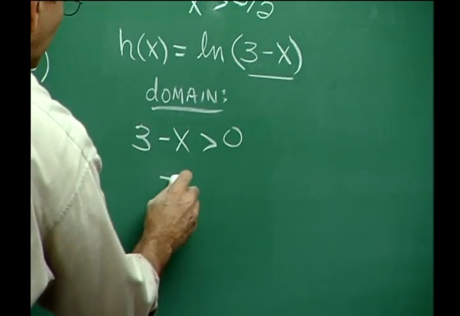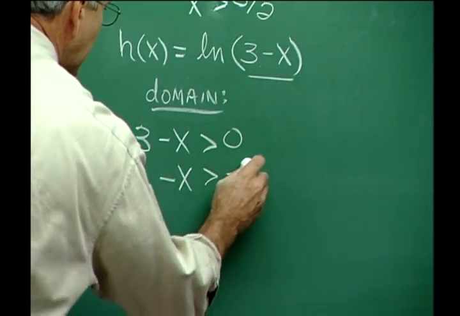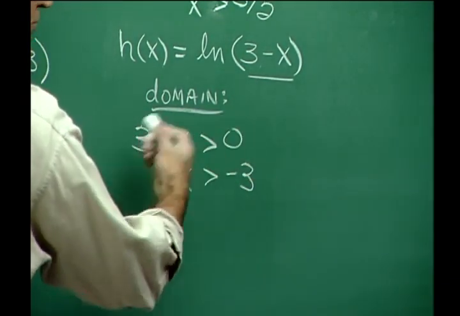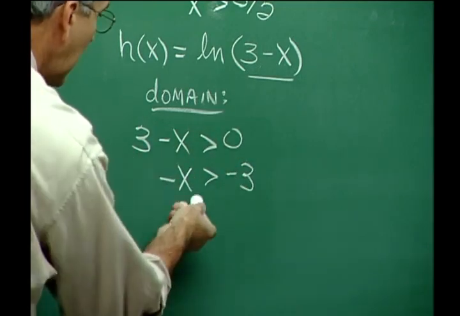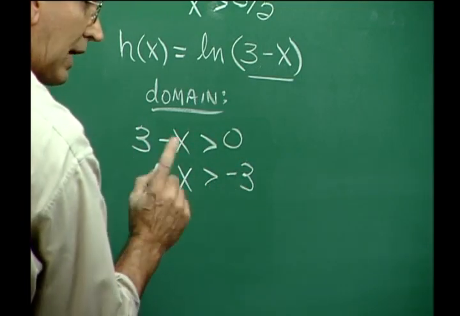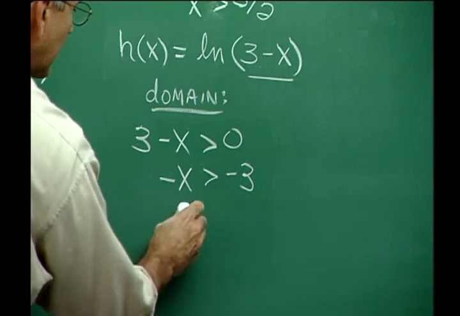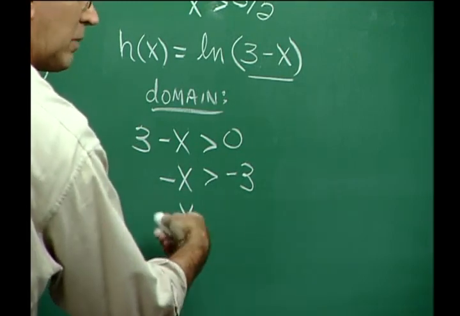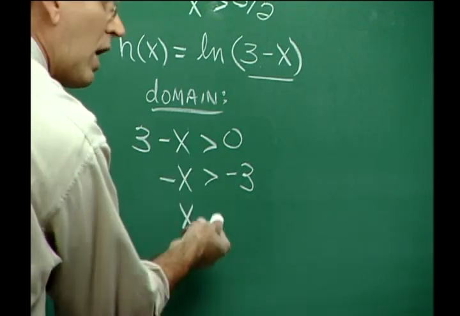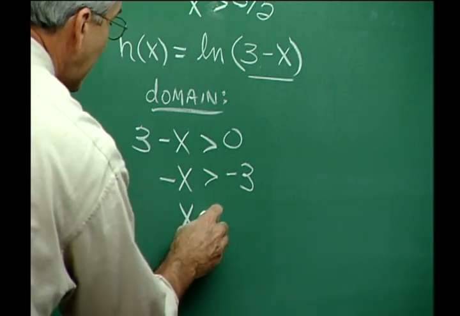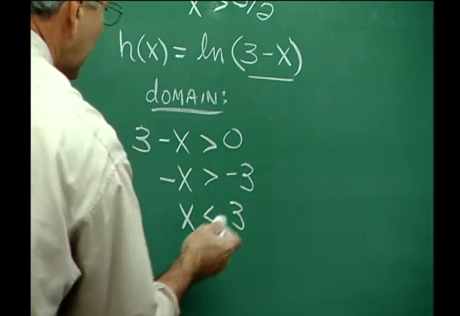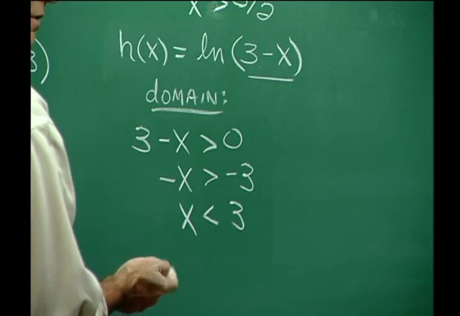If I subtract 3 on both sides, I get this. Then if I multiply on both sides by negative 1, I'll clear the negatives. But I also need to change the sense of the inequality, because I'm multiplying an inequality by a negative number. So x is less than 3.